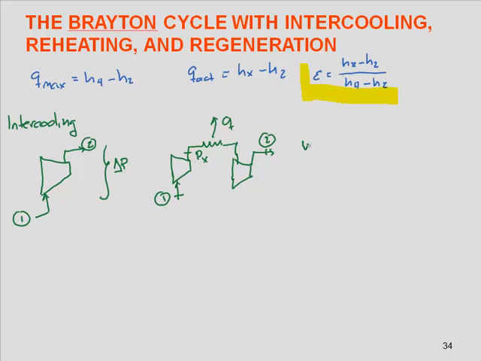So if we assume that our compression work is polytropic, something like this, and it's true for each compressor, we can divide this into two isentropic compressors with the same temperature in between, let's say.